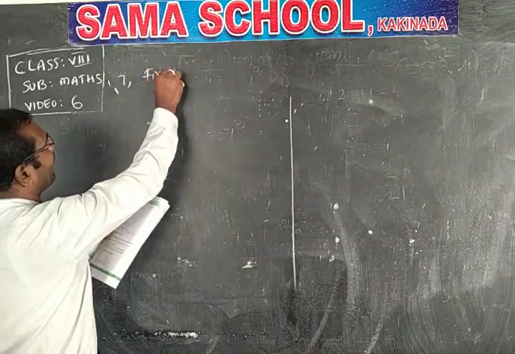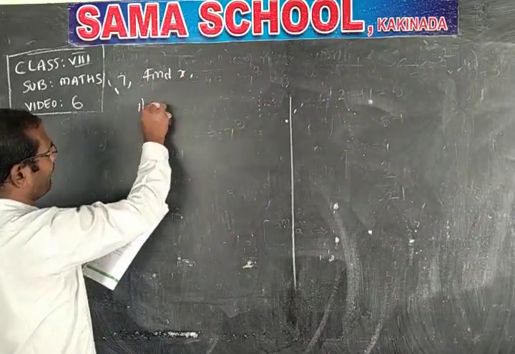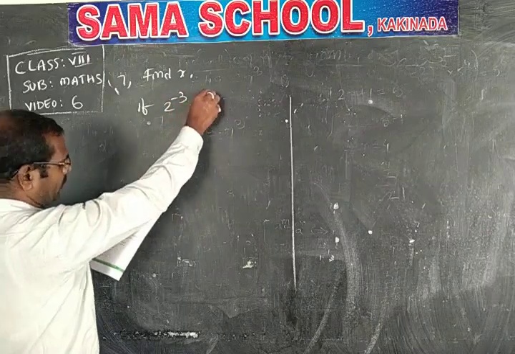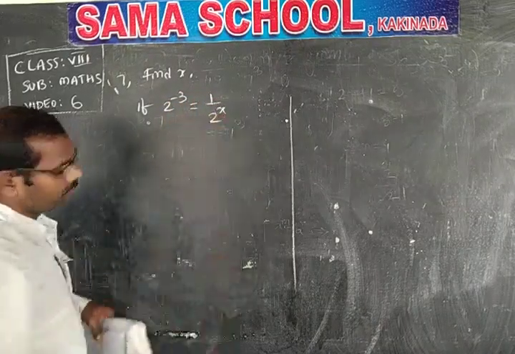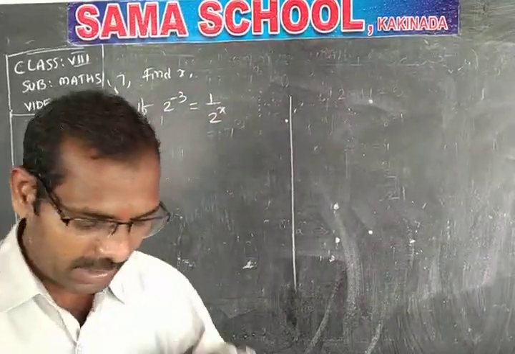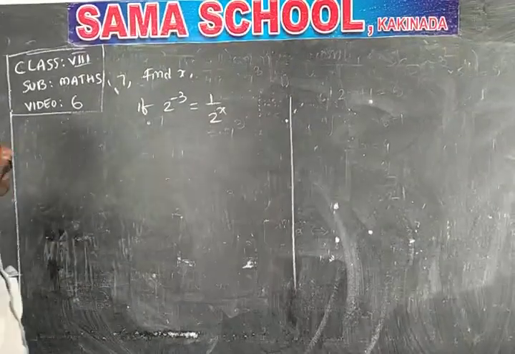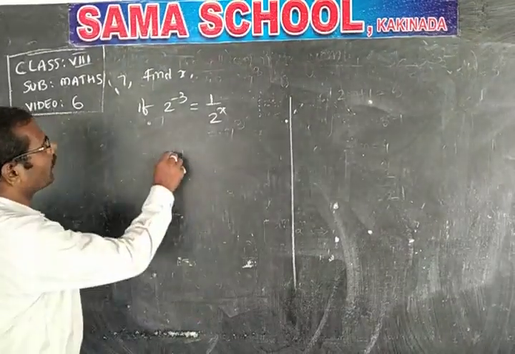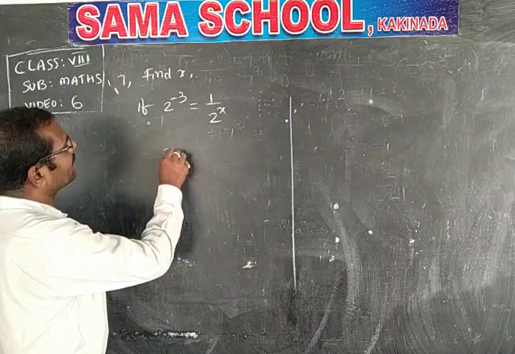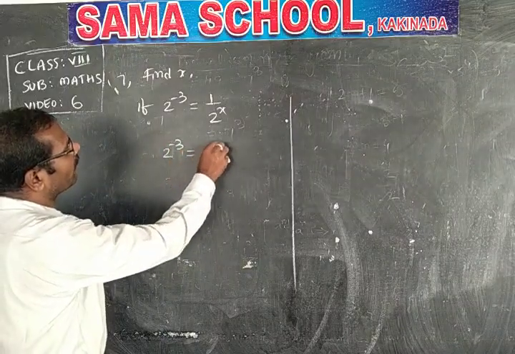Find x if 2 power minus 3 is equal to 1 by 2 power x. What is the meaning? 2 power minus 3 you can write as 2 power minus x.